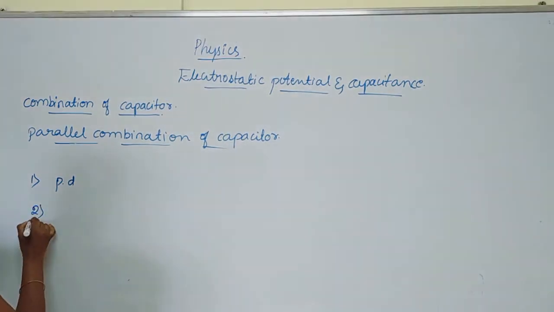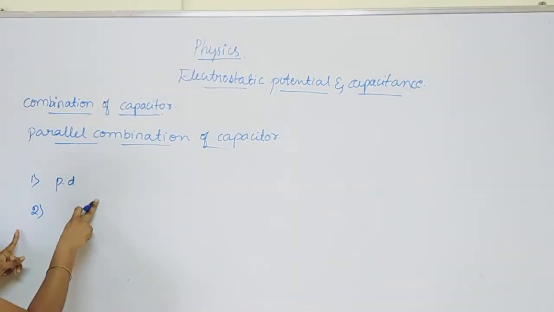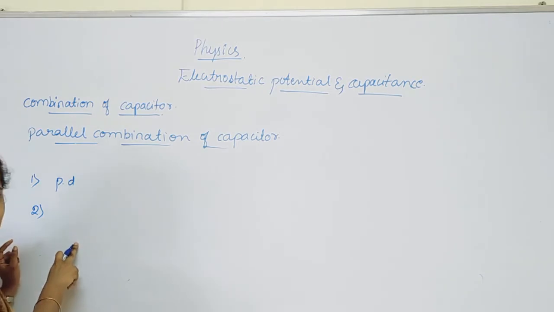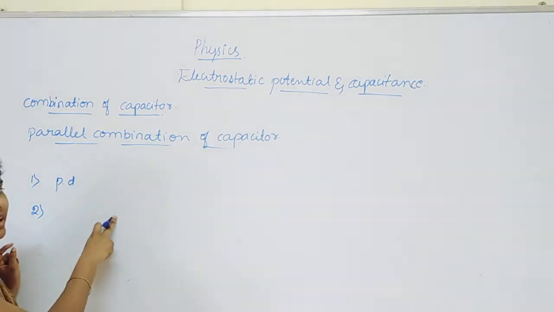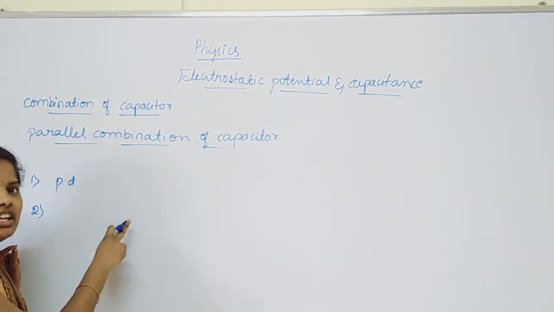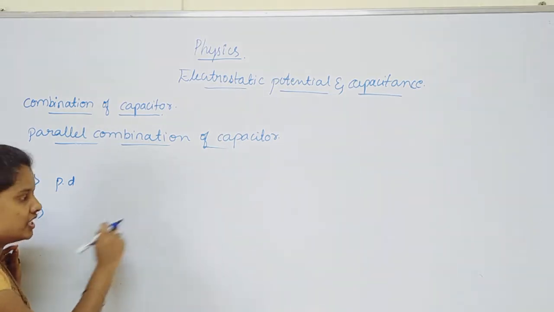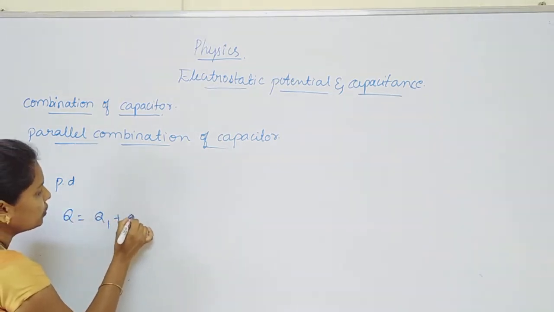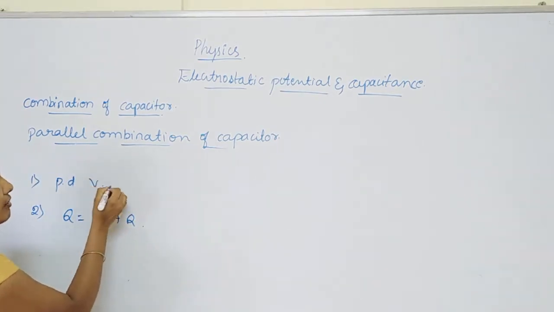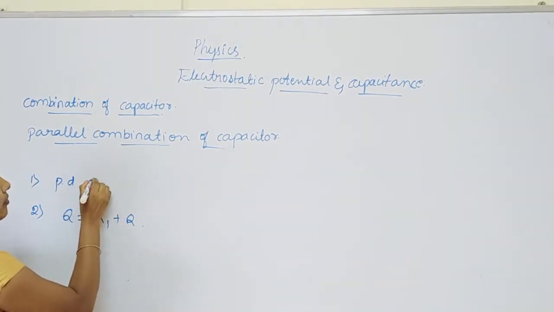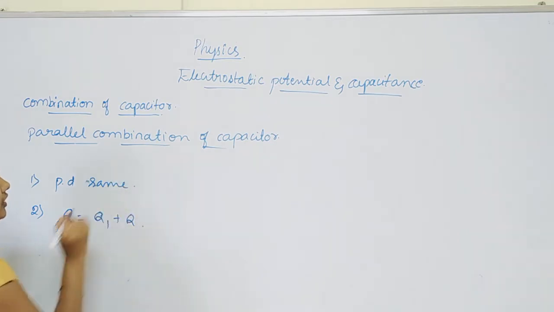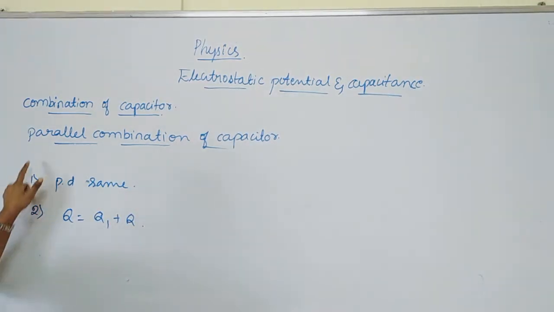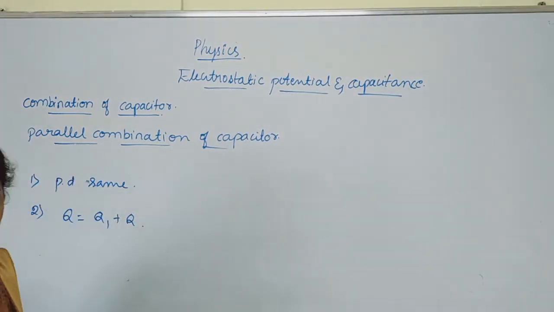The total charge in the combination of capacitors is the sum of the individual charges of the capacitors. Therefore Q equals Q1 plus Q2, but the potential difference is the same. This is the definition of parallel combination of capacitors.